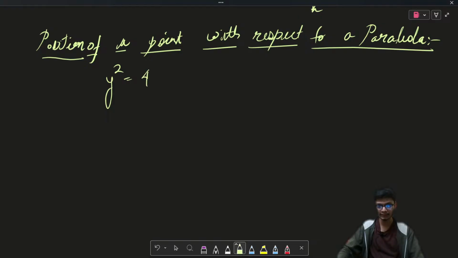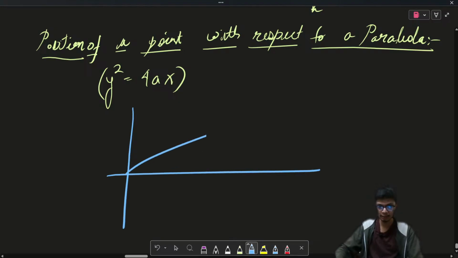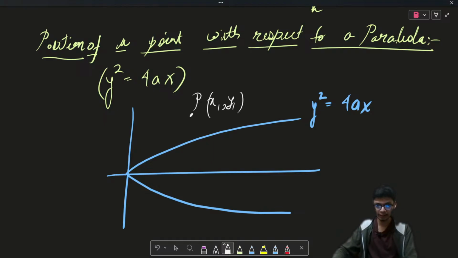Let us take the parabola as a standard parabola, that is y square is equal to 4ax. So if I try to draw that, this is my standard parabola, y square is equal to 4ax. Now if I take any point, let us say this point is P, which is given as (x1, y1), in order to determine whether this point lies on the parabola, outside or inside, I'm going to draw a straight line.